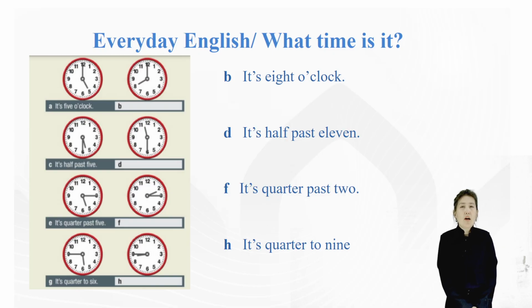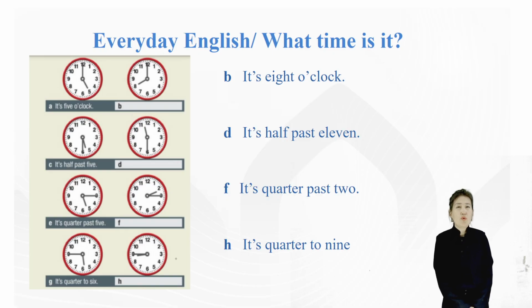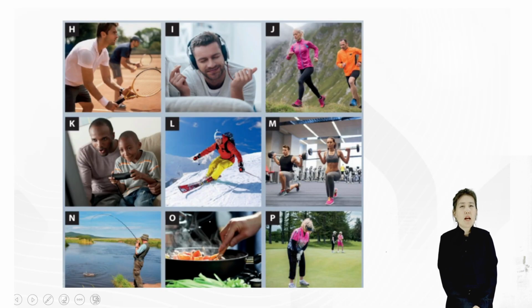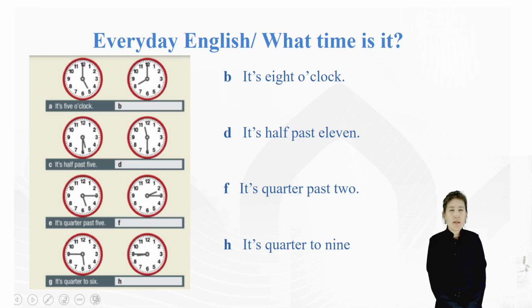Now on slide 15, telling time in English is an essential skill for clear communication, whether you are scheduling a meeting, making plans with friends, or simply answering what time is it. From understanding o'clock to mastering terms like quarter past or half past, this guide breaks down the most common expressions and fascinating time-related facts in English.